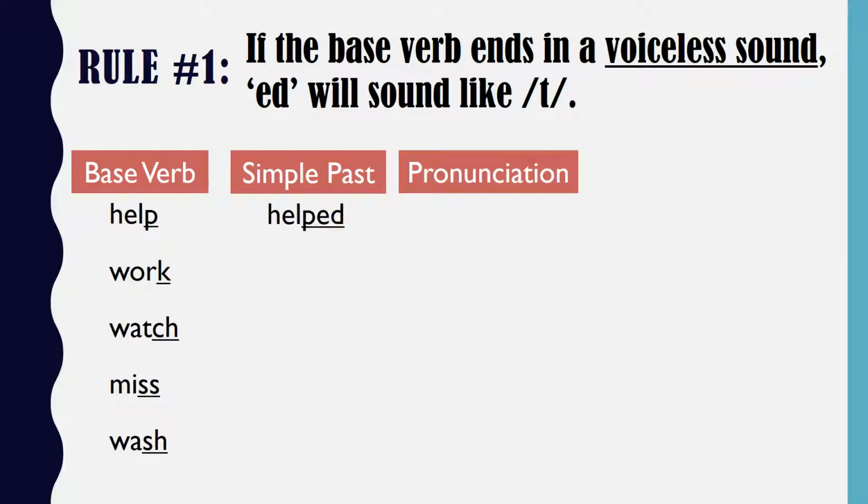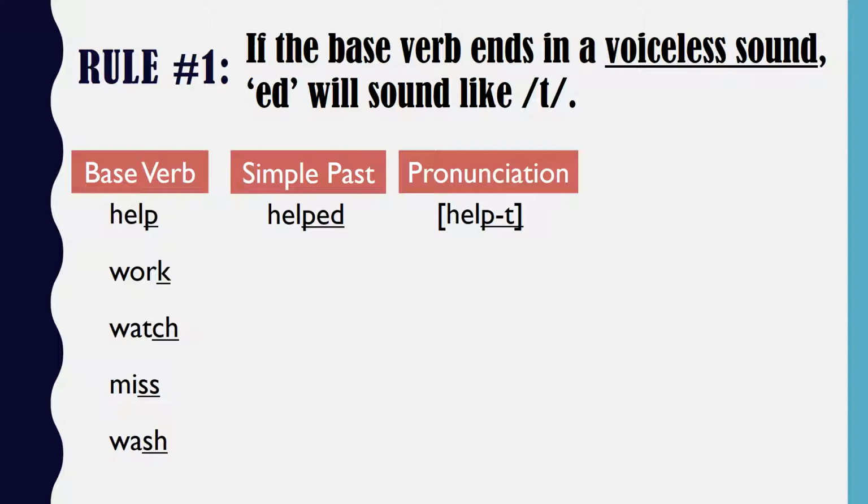We add ed, but when we pronounce it, we simply add a T sound to the end of the base verb. I will say the past form 3 times, first slowly and then faster. Helped, helped, helped. Now you try. Say the past form of help slowly and then faster and faster.